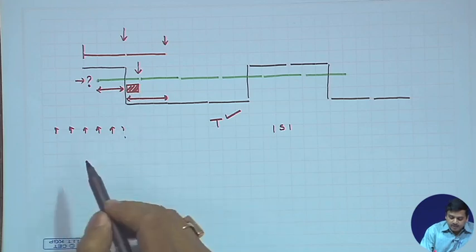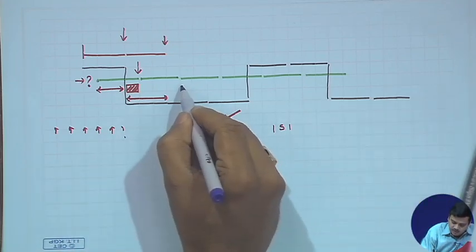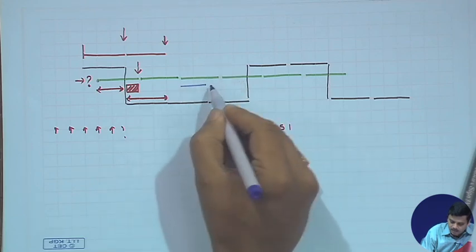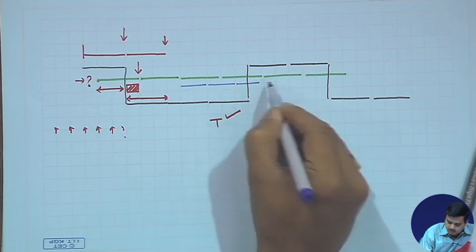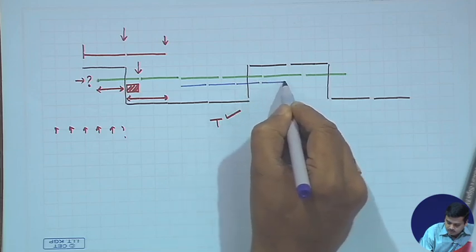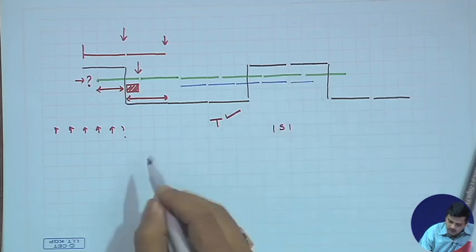The second problem, if T is not perfect, in that case, suppose you start at the right time, so what happens?